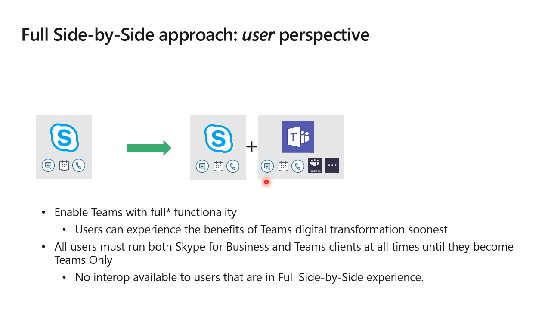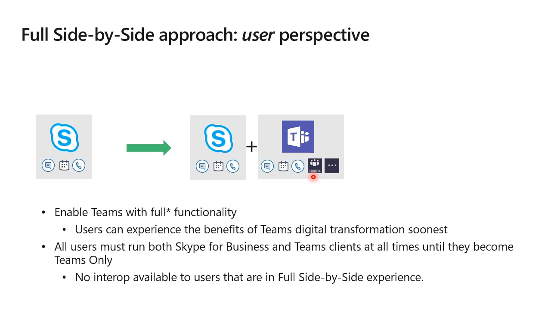Essentially, what we mean here is we're exposing all of the various modalities that the Teams application can provide. This includes chat. This includes scheduling of Teams meetings. This also includes calling. Specifically here, this is VoIP calling and the collaboration aspects of Teams.